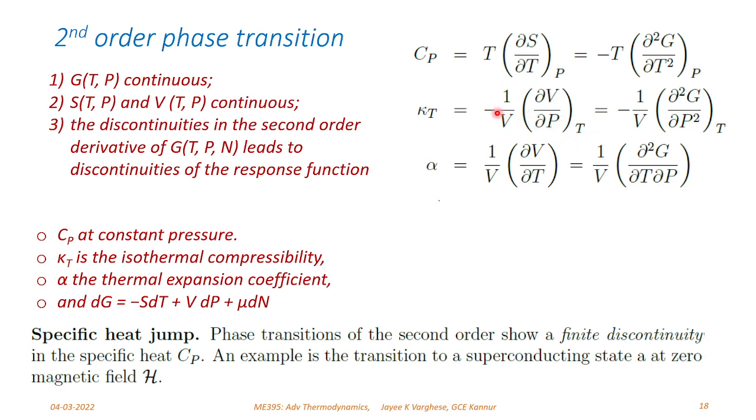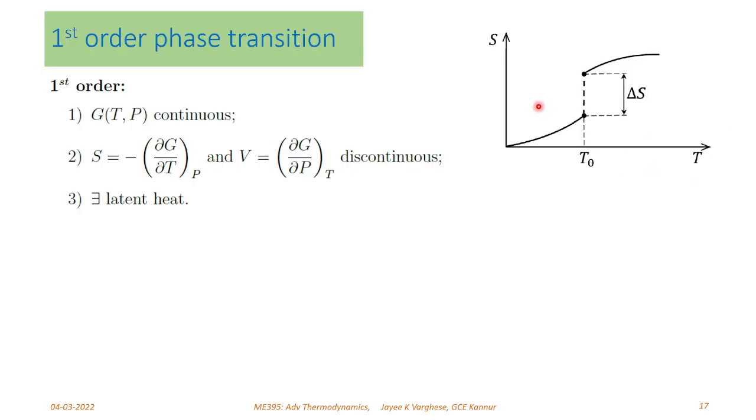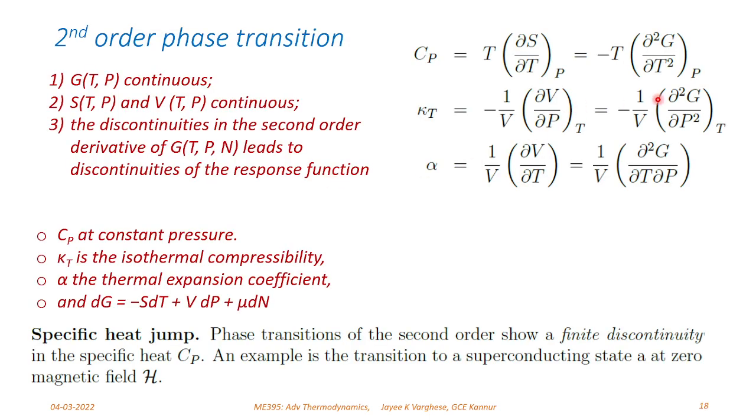This again becomes minus 1 by V into dou by dou P, and volume is equal to dou G by dou P at constant temperature. From the previous slide we can see that volume is equal to dou G by dou P at constant temperature. So we can see that Kt, that is isothermal compressibility, is equal to minus 1 by V dou square G by dou P square.